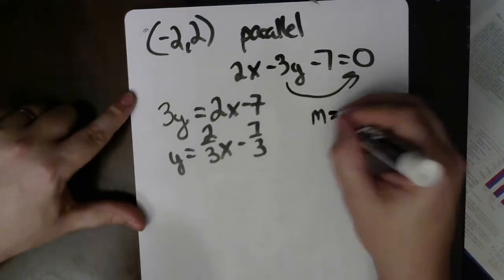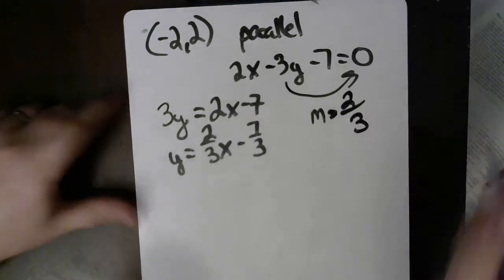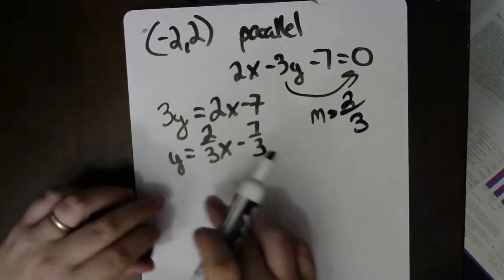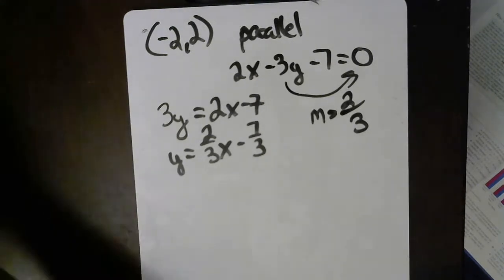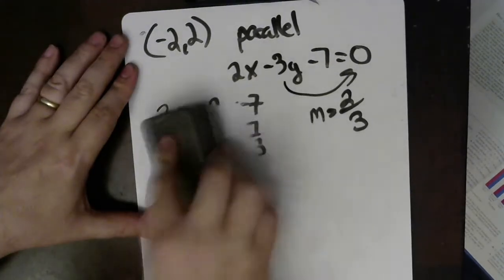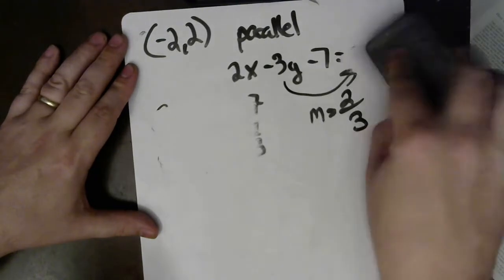In this case, it is 2 over 3. We did that to make sure we got our slope, because it is key that we have our slope. What does our slope mean? It means that if our slope is the same, then it is parallel.